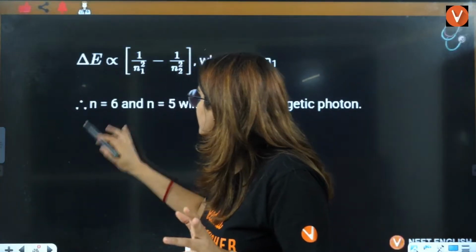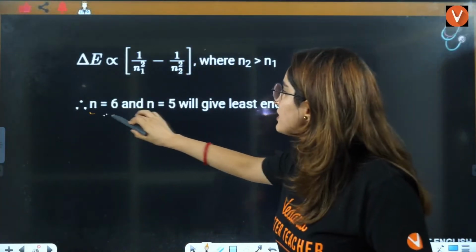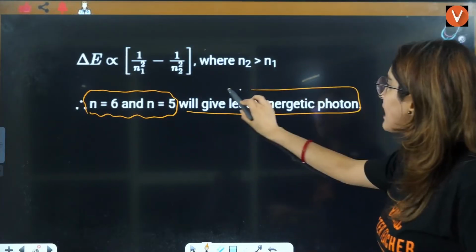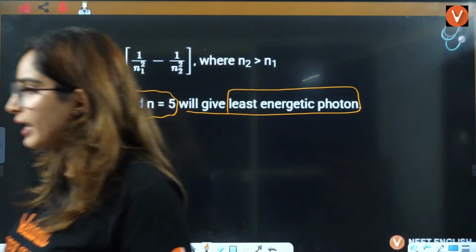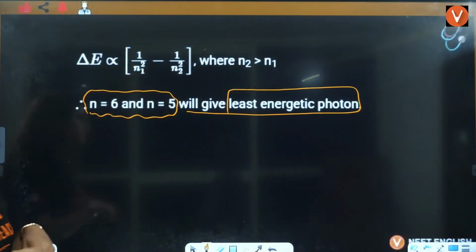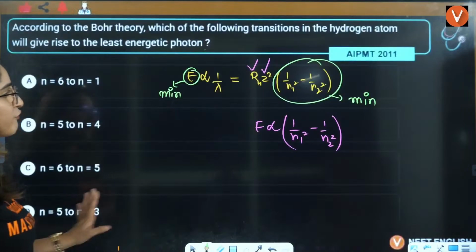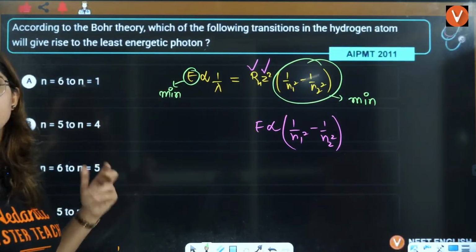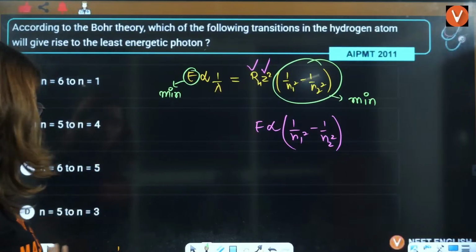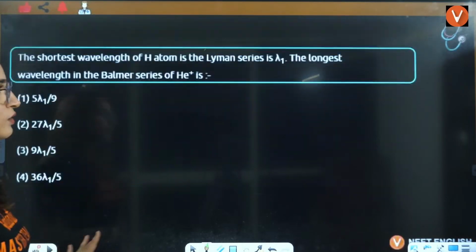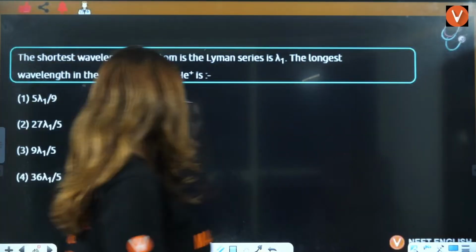Calculation, guys, you can do this yourself also. With this particular equation, if this is minimum, this energy is automatically going to be minimum, so it will give the least energetic photon. Just take the LCM, right?